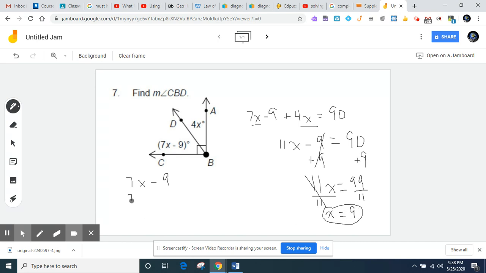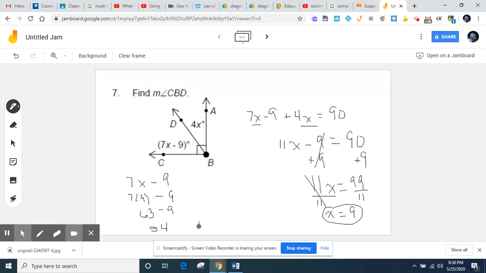So this is really going to be 7 times 9 minus 9. Okay, and 7 times 9 is 63. Bring down the rest of the expression, minus 9. Okay, and then 63 minus 9 is going to give us 54.